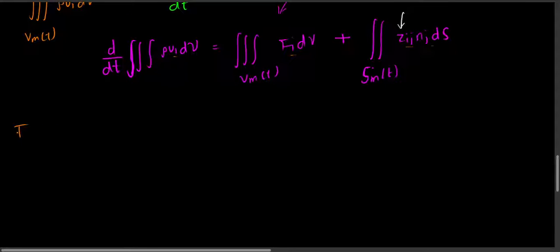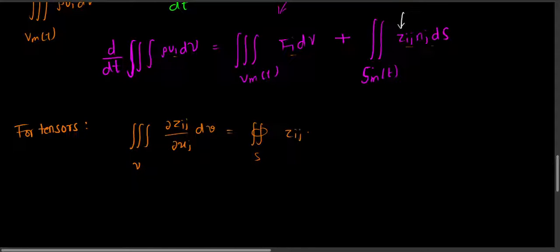So I'll use the divergence theorem for tensors, and that is given as triple integral over v of del tau ij by del xj dv equals the surface integral tau ij nj ds. So tau ij nj is nothing but the stress tensor, and then we are multiplying with the normal to get the actual force normal to the area or to the surface in this case.